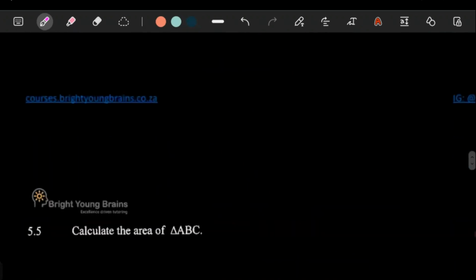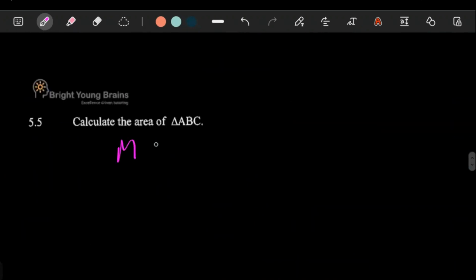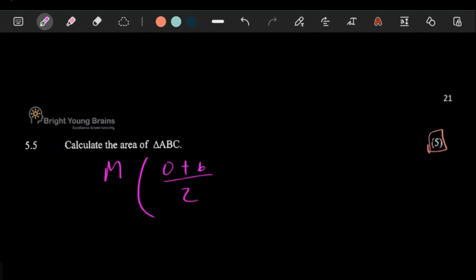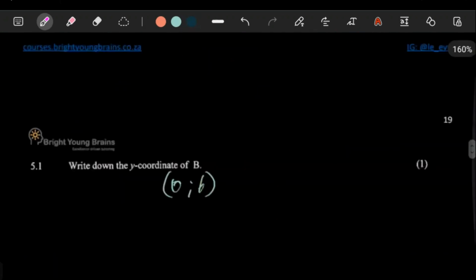Let's get the coordinates of M. I'm going to say 0 plus 6. Yeah, because it's going to be the 2 x values added together, 0 and 6, over 2, and 6 plus 0 over 2 also.